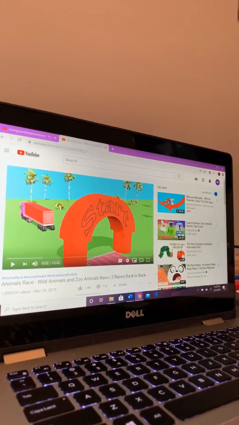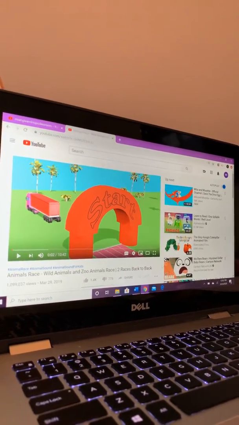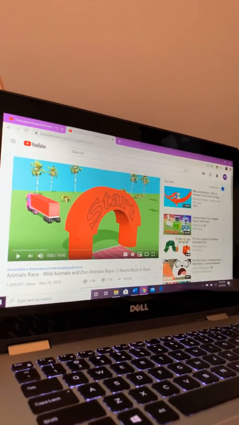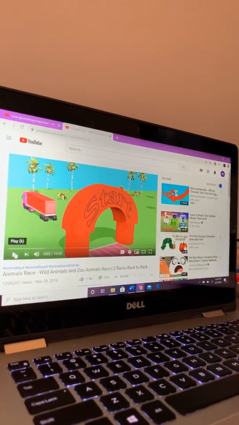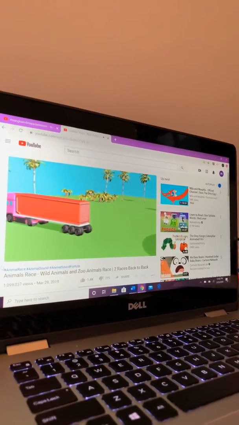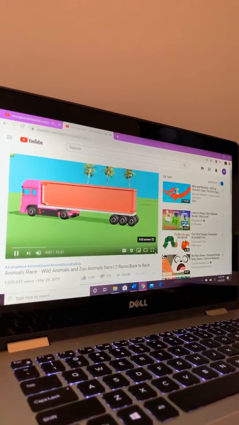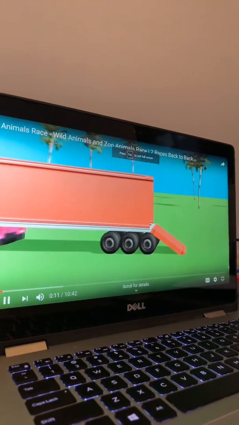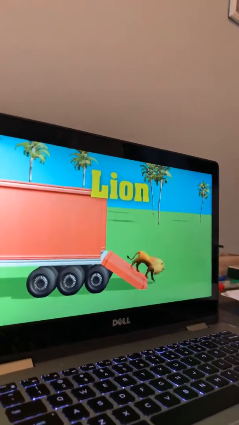They wanted to get to the finish line before the others. And that depends on if they're fast or not. So what you're going to do is start by watching the video to see what animals are in the race.